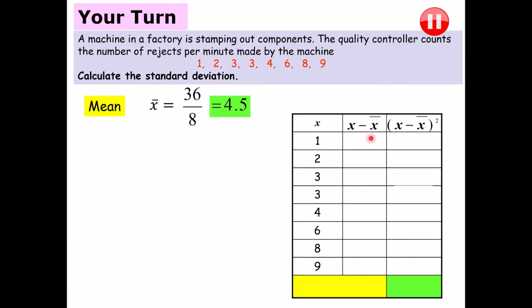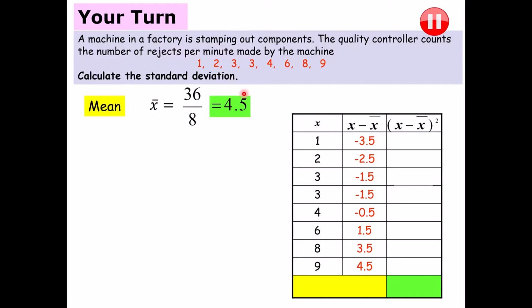We're then going to calculate this deviation, which is x subtract x bar, our mean, so how much our x value deviates from our mean. So you should have negative 3.5, negative 2.5, negative 1.5, negative 1.5 again, negative 0.5, 1.5, 3.5 and 4.5.